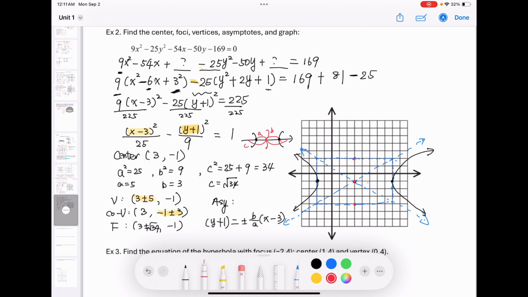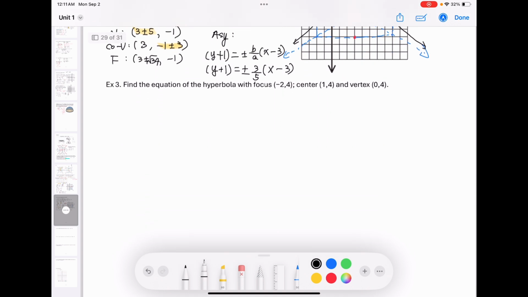We go from the center up 3 units, and go to the right, the run: 1, 2, 3, 4, 5. 5 units. So that is 3 over 5. You can also find it from b over a, 3 over 5. So the asymptotes are y plus 1 equals plus or minus 3 over 5, all multiplied by x minus 3. Okay, we're done.